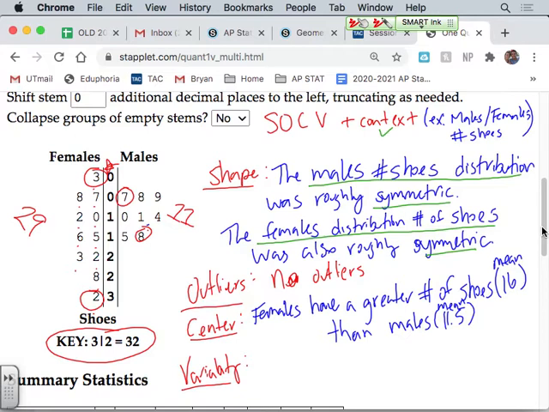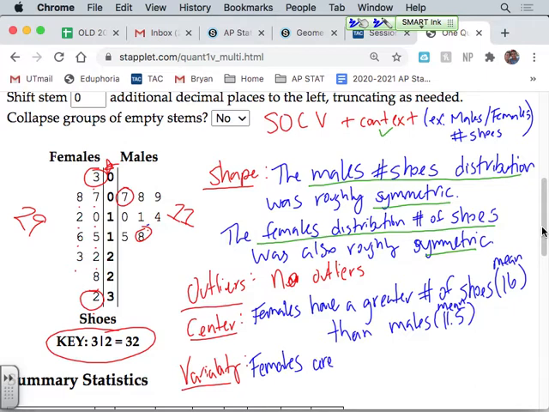So I'm going to do the same thing. I'm going to say that you can either go the males have a shorter range than females, or the females have a greater range than males. You can go either direction. So females, maybe I can even do it like this.